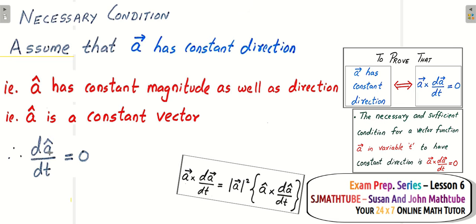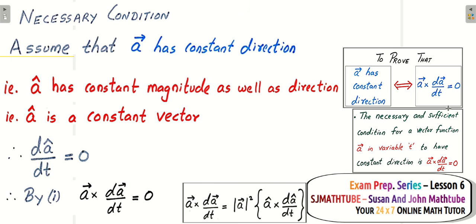Now look at this. If the derivative of A cap is equal to 0, then this cross product will become 0. And if the cross product becomes 0, that's it. We proved it. So I'll repeat. A cap is constant, so the derivative of the constant is 0. And if this is 0, then by this relation, we proved it.